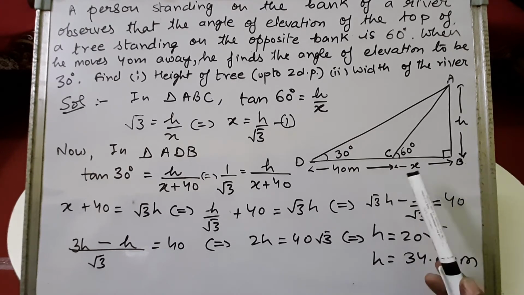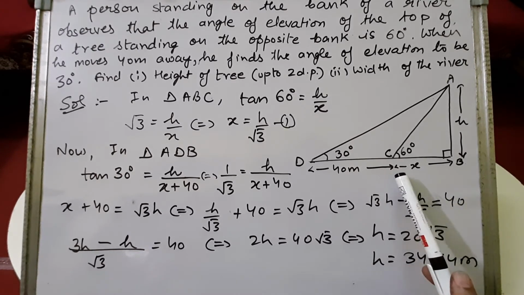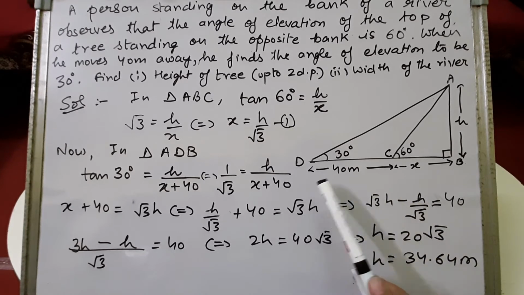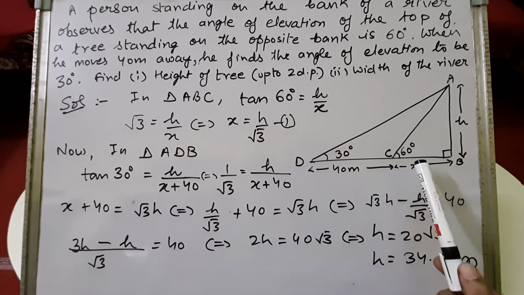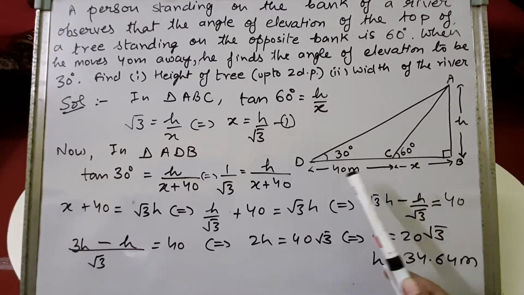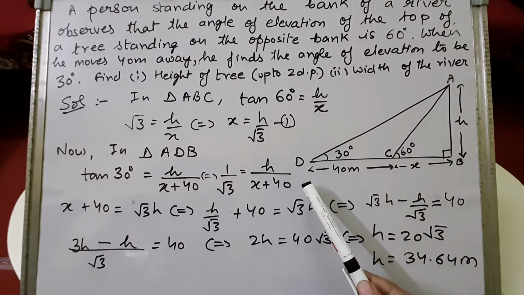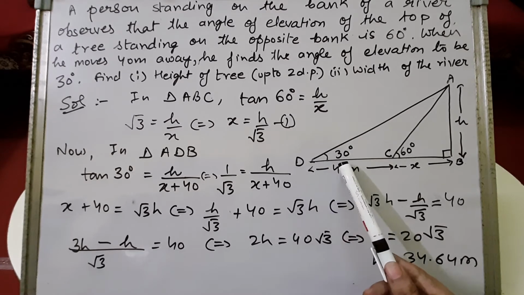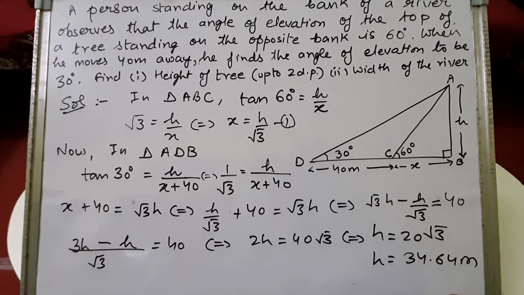From the bank, the person moves 40 meters away. On the bank, the angle of elevation of the top of the tree is 60 degrees. On moving 40 meters away, the angle of elevation has become 30 degrees, so angle ADC will be 30 degrees. Right, children? Let's see the solution now.